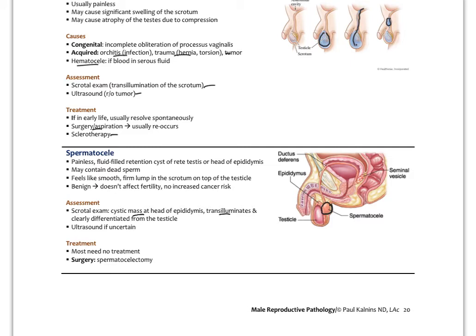If we're uncertain about this, just send for an ultrasound, and that can help differentiate it. Usually, no treatment is needed, but there is a spermatocelectomy that can be done to aspirate and drain that if necessary.